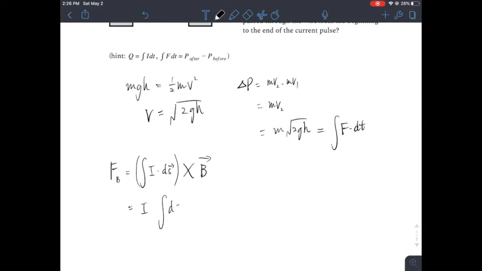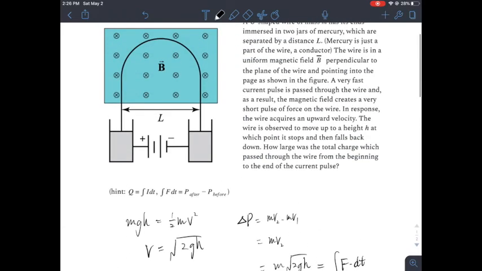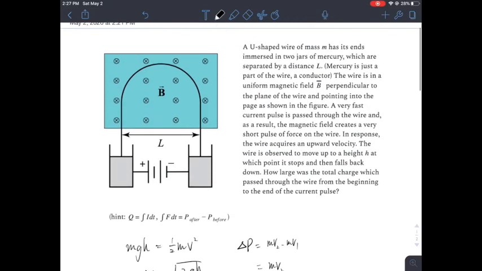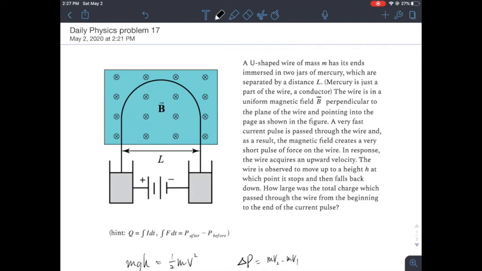So what is the integral of our current over its line element? Well, we know the cross product of B with the direction of the wire. We know dl is pointing downward into the plane. When we find the cross product, we only need to consider the sine part. We need to consider which parts are perpendicular to each other. So here, we are only considering this segment of the wire.